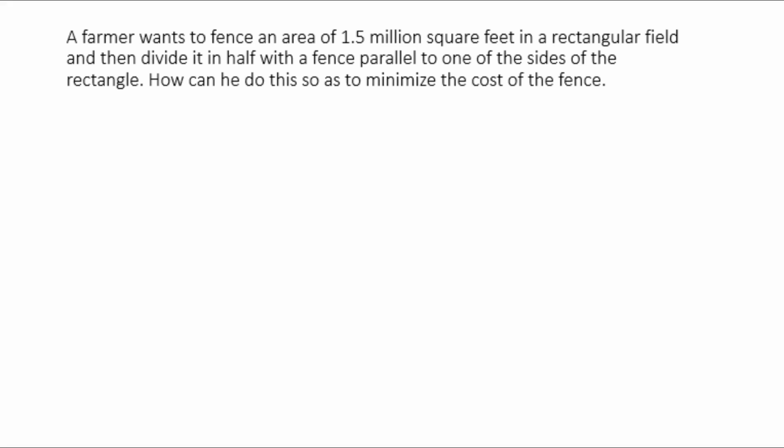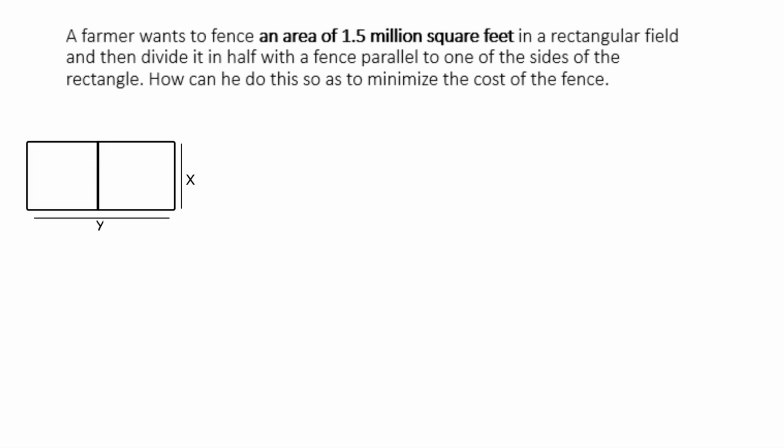Okay, the conditions for this question are that the field must be divided in half by a fence parallel to a side of the rectangle, and the area must be 1.5 million square feet in a rectangular field. Based on the question, the unknown is the length of the fence that the farmer can use to minimize the cost of the fence.